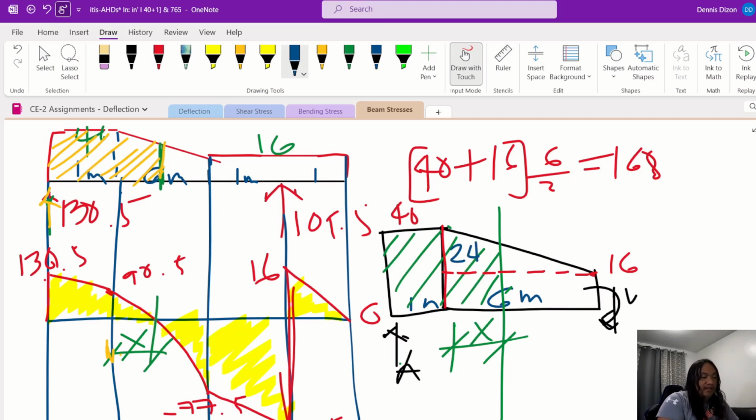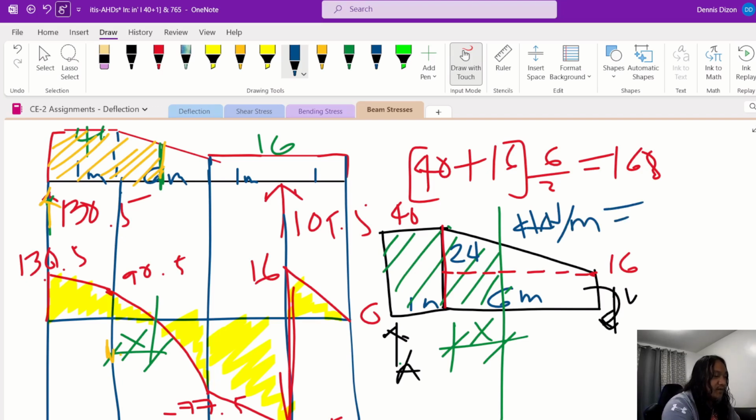To determine the equation of this line, 24 down to 16 within 6 meters, you divide 24 by 6. So this is 4 kilonewton per meter, the decrease of your load.